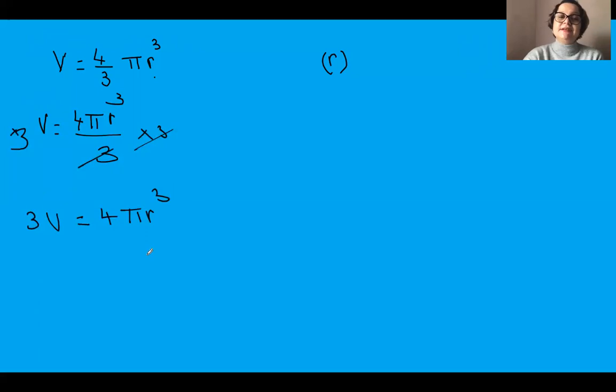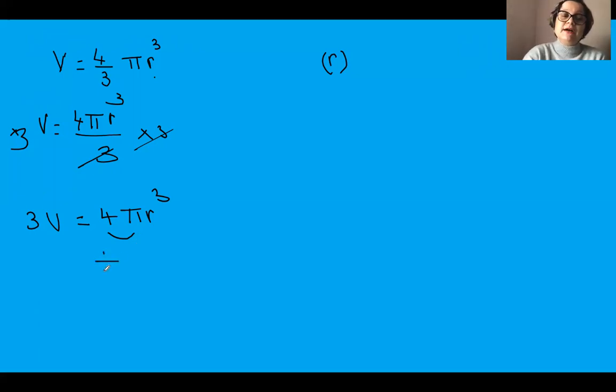And then the next step would be to get rid of both of them, 4 pi. You can get rid of the 4 first and then the pi next. But it is absolutely right to get rid of both of them because, can you see, they are joined together by multiplication. So 4 times pi times r to the power of 3, or r cubed.